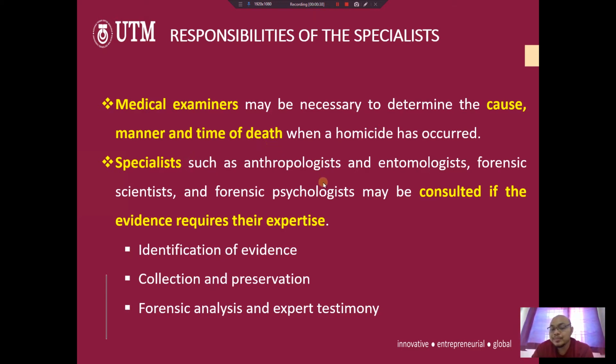The next specialists, such as anthropologists, entomologists, forensic scientists, and forensic psychologists, may be consulted if the evidence requires their expertise. Okay. These other kinds of specialists are required when their expertise is needed, especially in terms of identification of evidence, collection and preservation, forensic analysis, and also expert testimony.